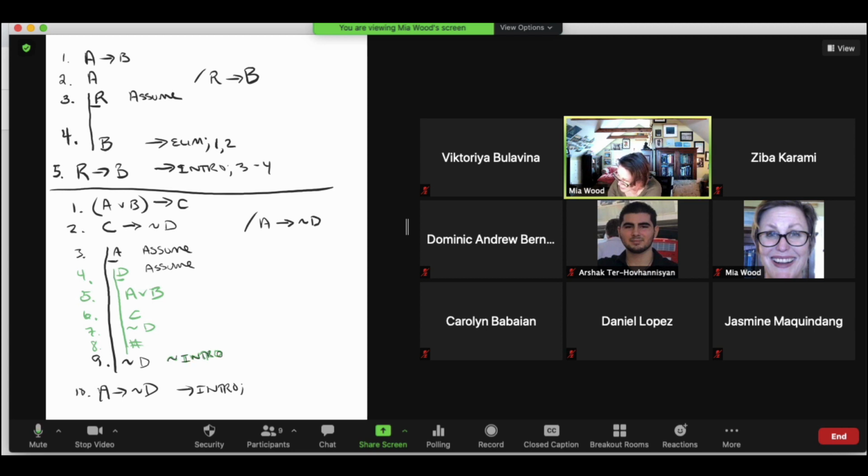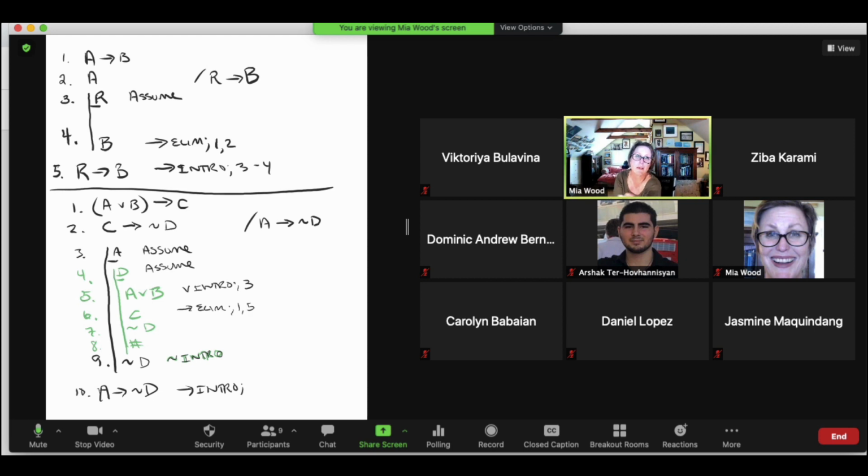We then introduce the disjunction, so that we can eliminate the conditional at line 1 by affirming the antecedent at line 5.